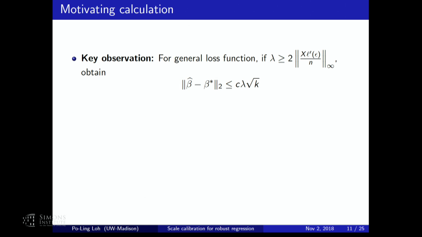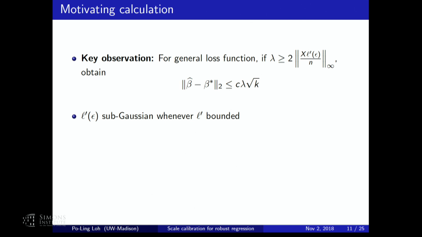And what happens is we end up with the same sort of result, but instead of looking at X times the vector epsilon over n and the infinity norm of that, the derivative of the loss function is now wrapped around the vector epsilon. So it's L prime of epsilon 1 up to L prime of epsilon n. And so the nice thing is that now when we try to talk about the optimal choice of lambda, it no longer depends on what the tails of epsilon are. Because now we have this loss function, and the loss function is counteracting whatever epsilon is doing.